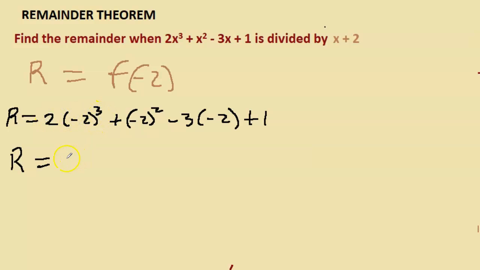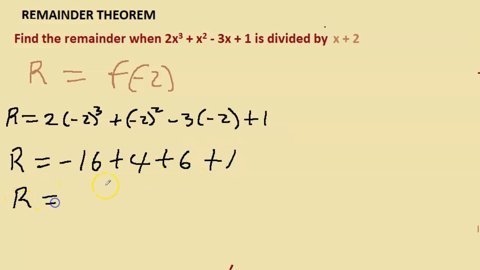Negative 8 times 2, that's minus 16. The squared value has to be positive, right? And then minus 3 times minus 2, negative times negative, that's 6, plus 1. So the remainder: 4 and 6, 10, and 1, that's 11. And then we have minus 16. So this is minus 5. So the remainder here is minus 5. You can use long division and see if you get the same negative 5.